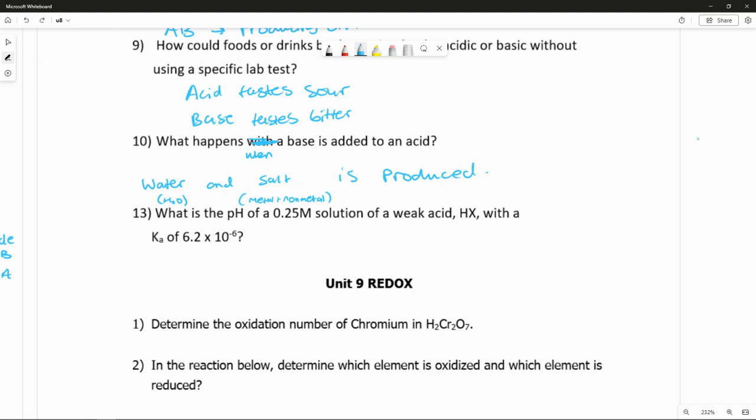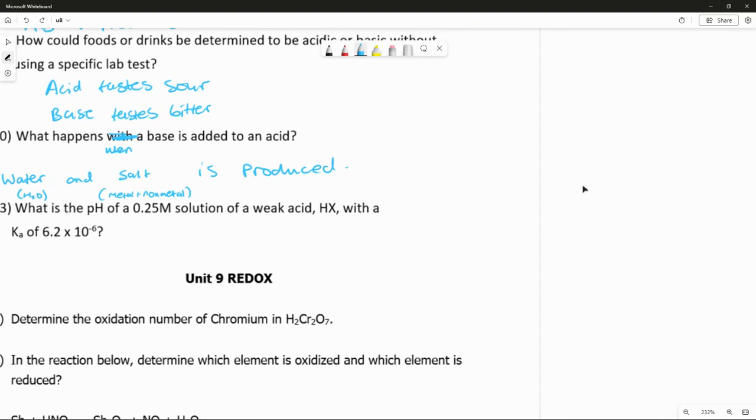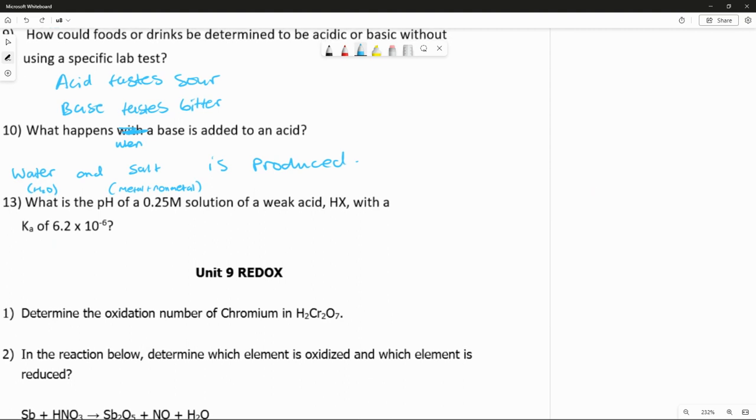The HX is going to be the weak acid. You want to do double arrows to signify that this is a reversible reaction. The HX is going to dissociate into H plus and X minus.